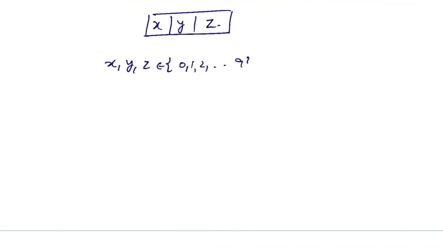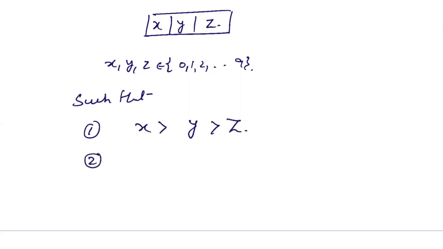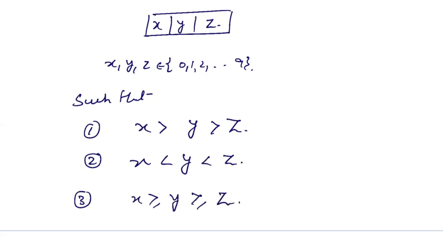With the numbers, if we have to form a three-digit number X, Y, Z with the digits obviously 0 to 9, such that, first question, X greater than Y greater than Z. Second question, X less than Y less than Z. Third question, X greater than or equal to Y greater than or equal to Z, right?